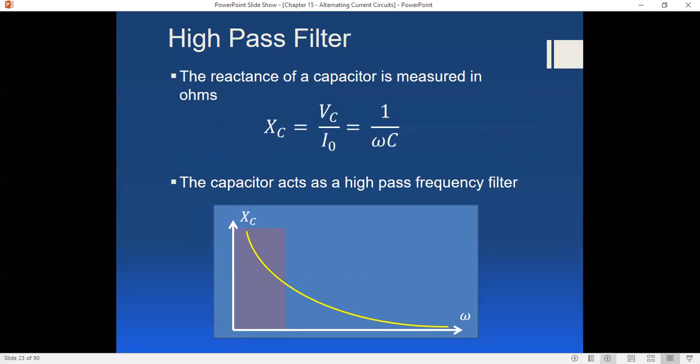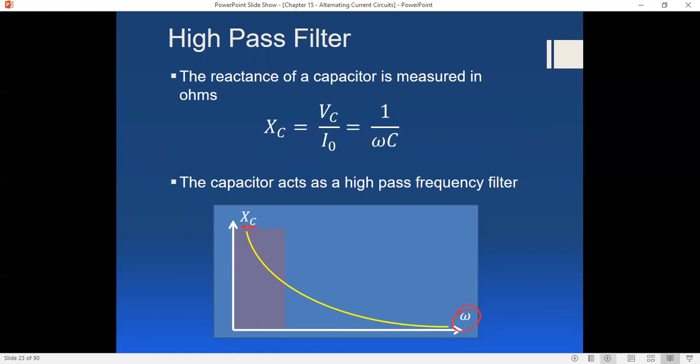Oh, by the way, here's something that is interesting. If we graph reactance as a function of frequency, what we find is that the reactance is very, very high at low frequencies.